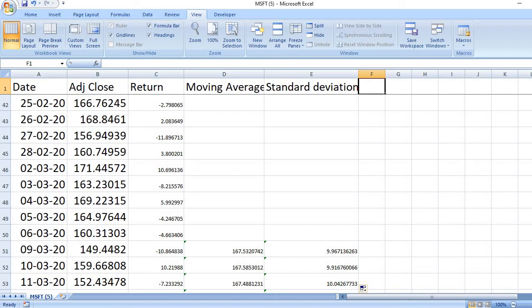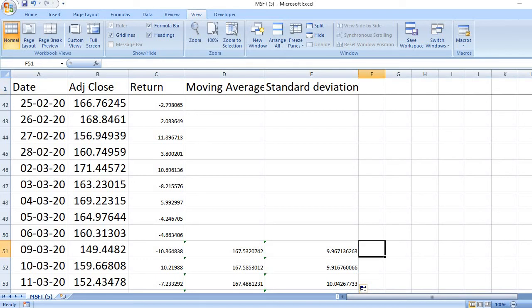The parameters we are going to take are moving average and standard deviation. If the stock price is less than the moving average and standard deviation, then we are going to purchase the stock. And if the stock price is more than the moving average and standard deviation, then we are going to sell it, or we are not going to purchase the stock.